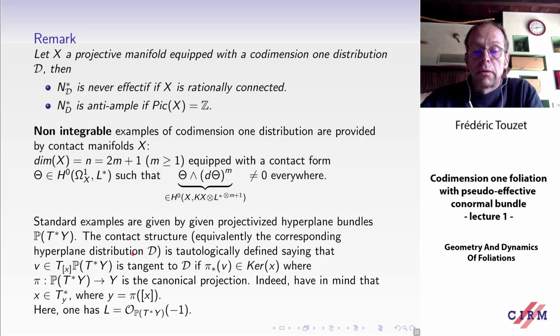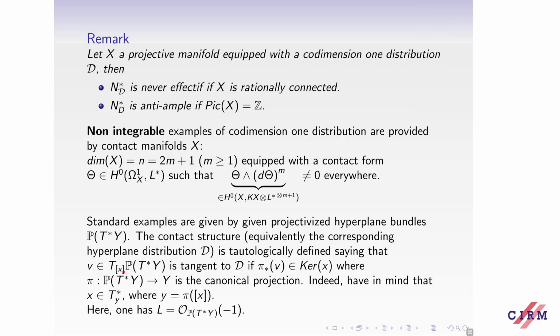So take a point y in capital Y, say, and a point [x] in the fiber over y. So [x] is by definition the class of a linear form on the tangent space at y.